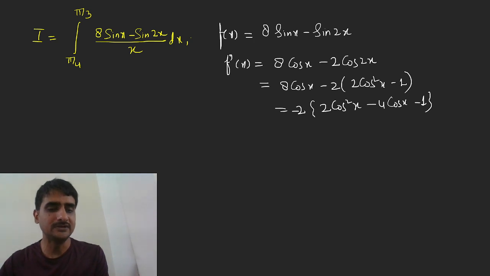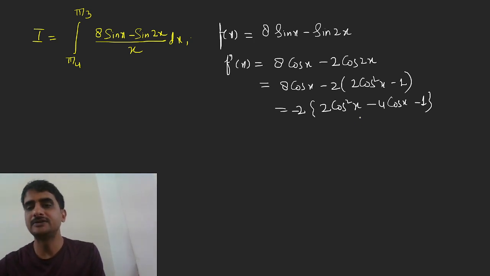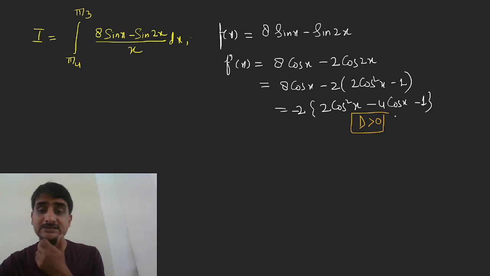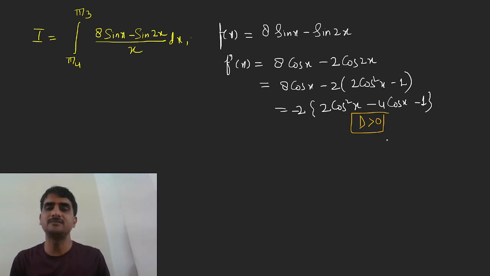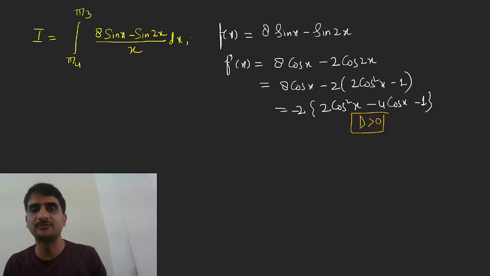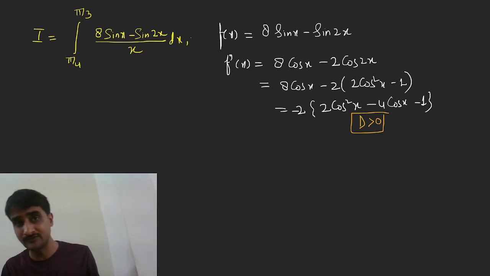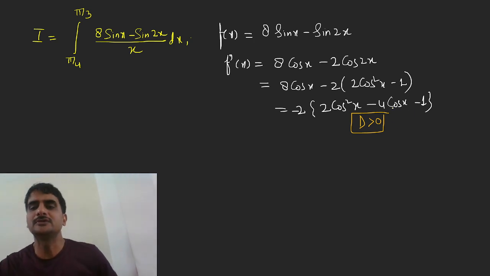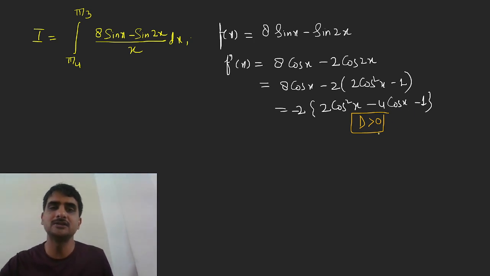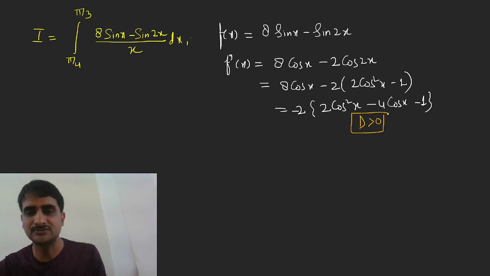Now its discriminant is positive, so that means it changes its sign. Positive discriminant means it has real roots, and real roots means it will change sign from positive to negative or negative to positive. We should also check whether the roots are in the range of minus 1 to 1 or not. That you can easily check here, bachon. But what I'm saying is it changes sign.